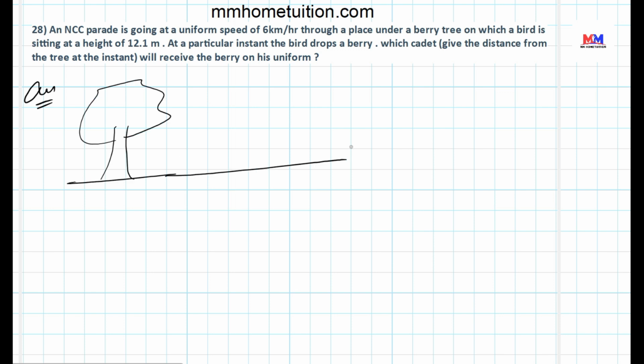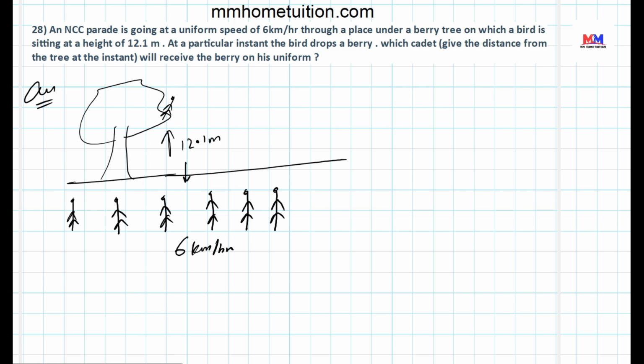An NCC cadet's parrot is going at a uniform speed of 6 km per hour through a place under a berry tree on which a bird is sitting at a height of 12.1 meter.